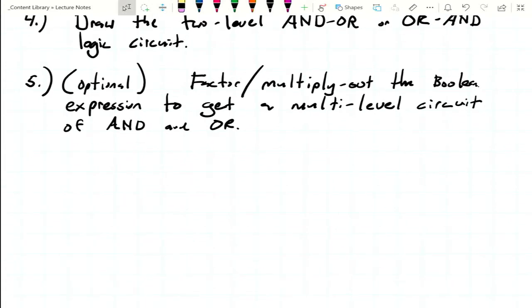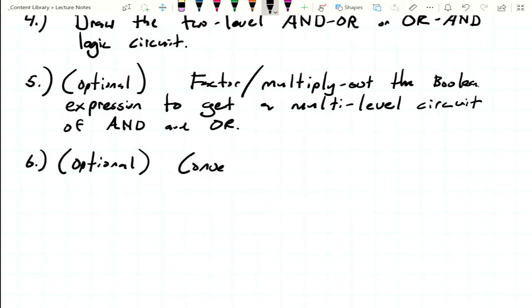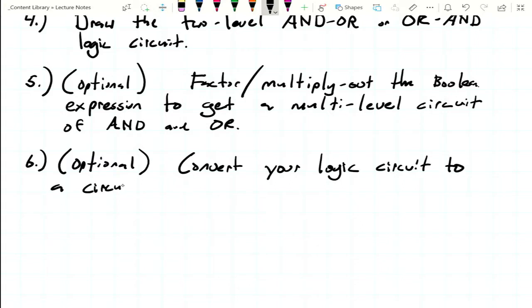And step 6, also optional, although less optional than step 5, is convert your logic circuit to a circuit of NAND gates or NOR gates.